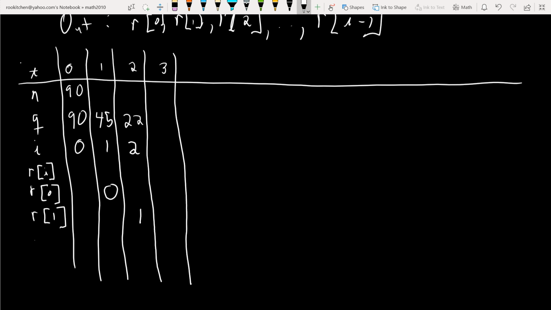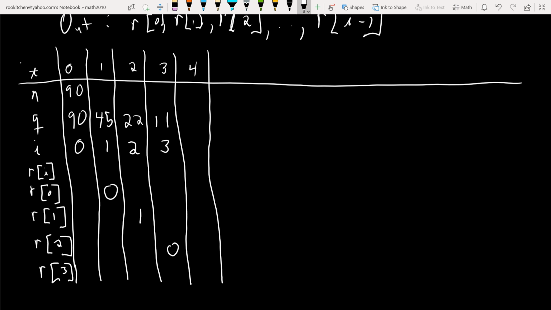Okay, q is still not 0, so we instantiate this R2 position in the list. So where are we? R2 will be 22 mod 2, which is 0. q replaced with 22 div 2, 11, and then increment i. q is still not 0, so we can instantiate R3 as 1, and then q div 2 is 5, and then i goes to 4.